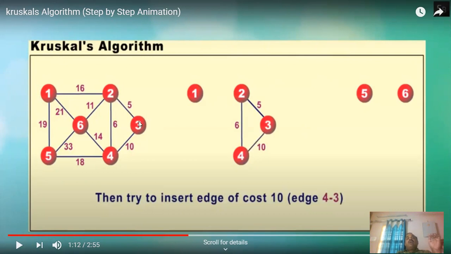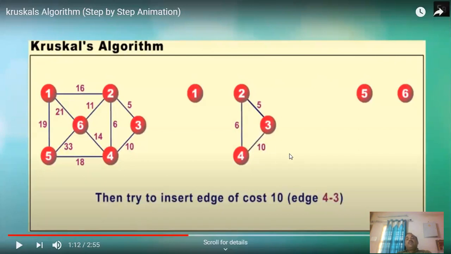Which is the lowest edge in this graph? Here 2 to 3. Next, 2 to 4. Next is the lowest weighted edge, 10, but it forms a cycle. If it forms a cycle, simply remove it.